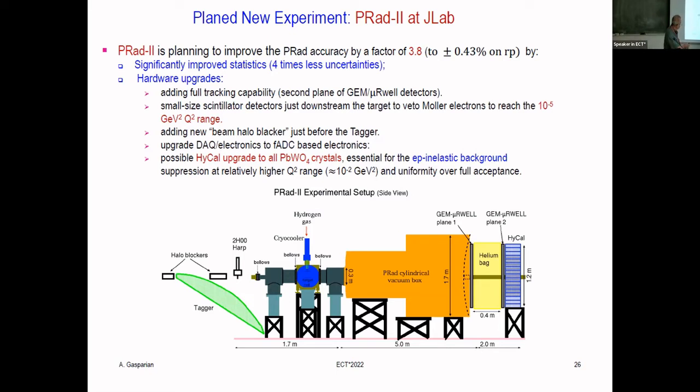The way we will try to do it is to veto small angle Mueller events, which are technically a problem, by adding tiny scintillator detectors here, vetoing the first one of the Mueller pair. Extensive Monte Carlo showed that it is possible. Absolute cross section, we have to see. But again, since we are normalizing to Mueller, I think that will give us a good chance to reach useful data in the 10 to the minus 5 Q-square range.